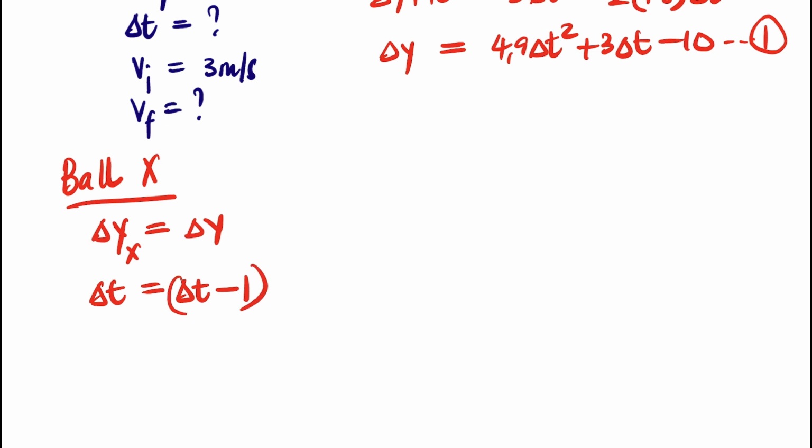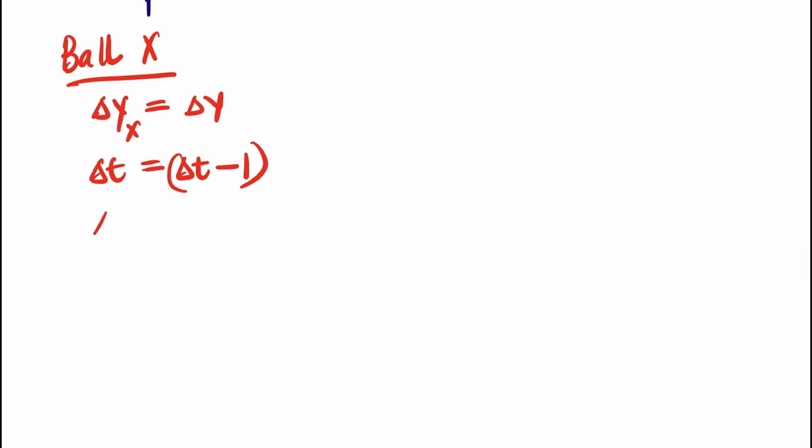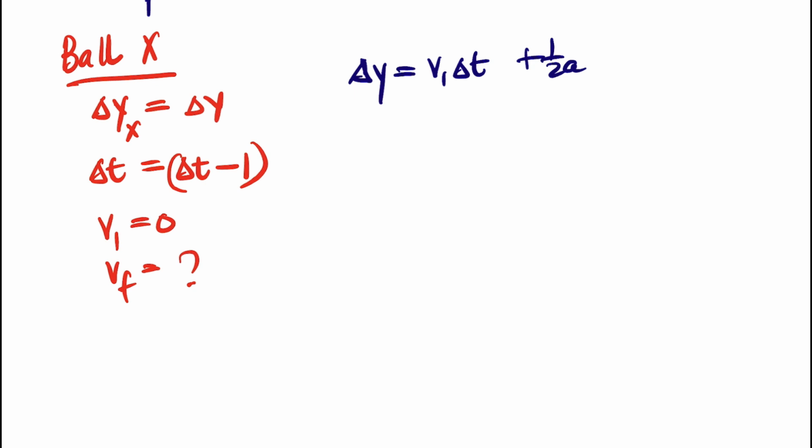And the initial velocity for ball x is equal to 0 because it was dropped from the 6 meter height, and the final velocity when they meet is unknown. So we're going to use the same equation that says delta y is equal to v initial change in t plus half a t squared. The reason we choose this formula again is because it doesn't have the final velocity, because we do not have the final velocity for both balls when they meet.